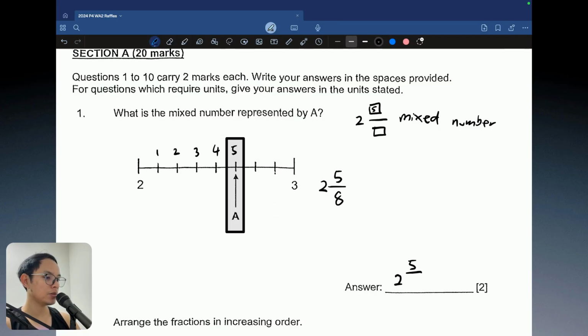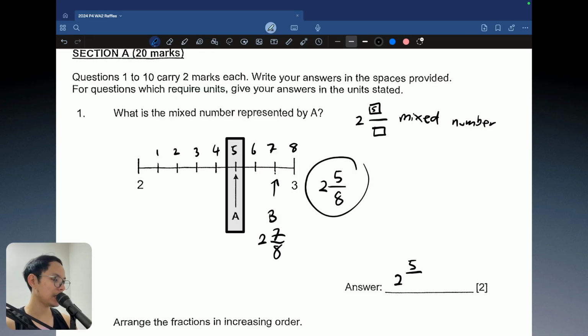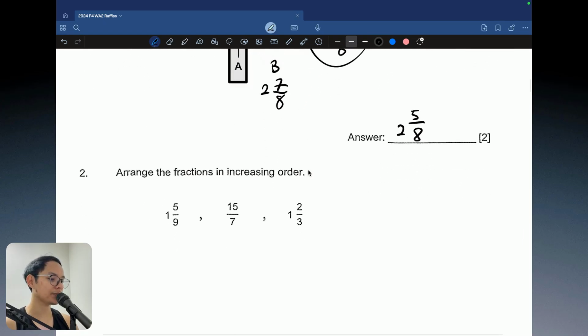Okay, so we have 6, 7, and this should be 8, because if we were to reach over here as B, then this should be 2, 7 out of 8. And this does not mean that this is a whole number 3. It is still 7 out of 8. So that's why our answer should be 2, 5 out of 8. Right? So this is a trick question, but make sure you know how to do this.